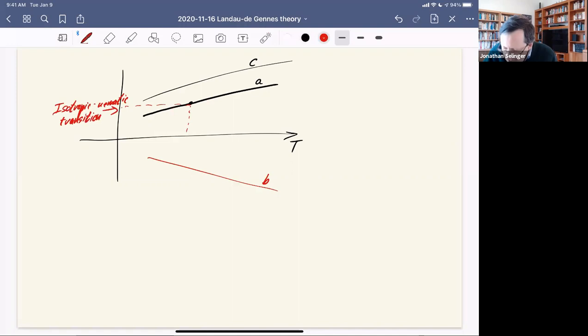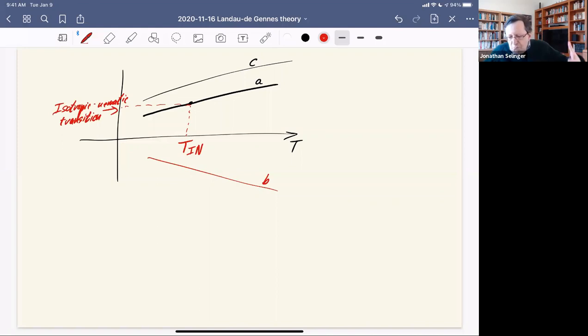So that means that this temperature is the temperature associated with the isotropic nematic transition. Call that T sub IM. So this is similar to what we had for Landau theory with the Ising model, but the difference is that the transition is not occurring right at A equals 0. The transition occurs at A equals some specific positive number.